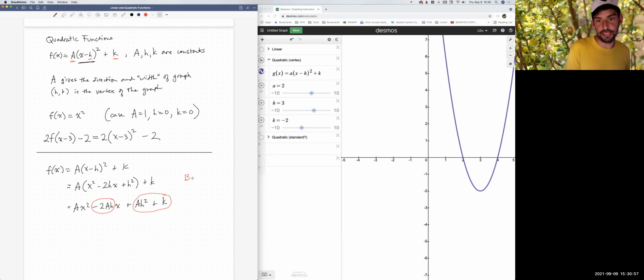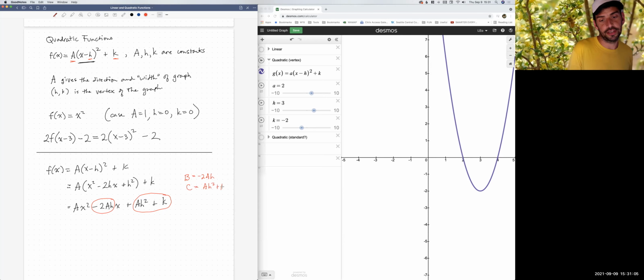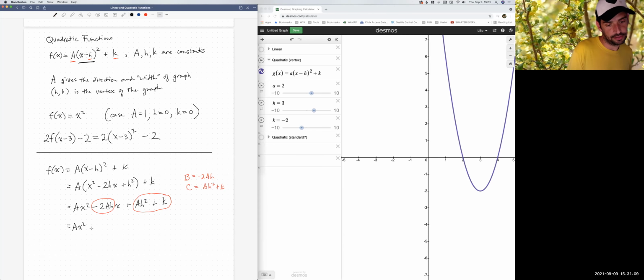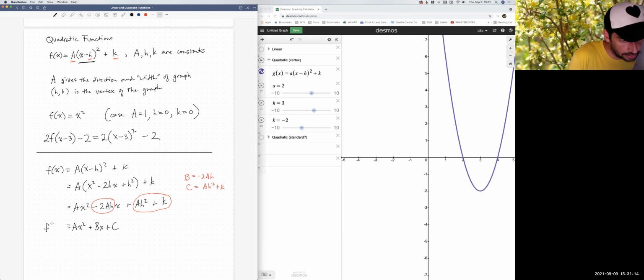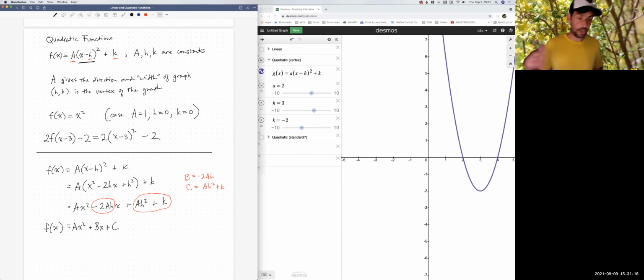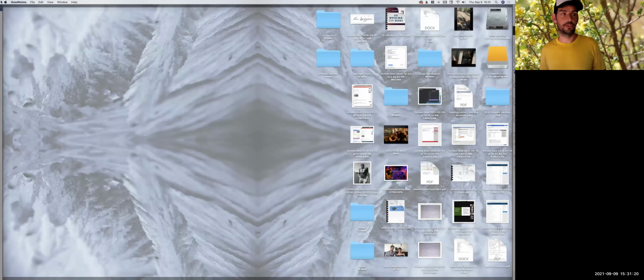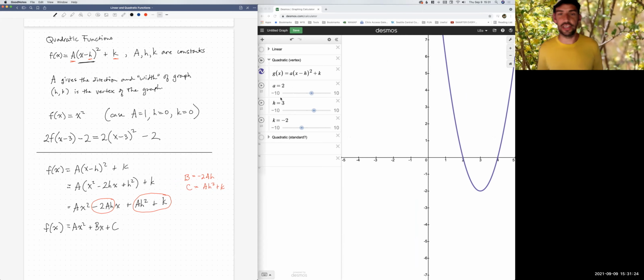So if I take b to be equal to negative 2ah and c to be ah squared plus k, I'm writing this quadratic as an equivalent function written in a different form, right? Some people call this the standard form.